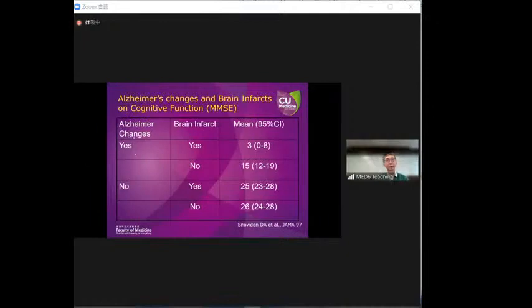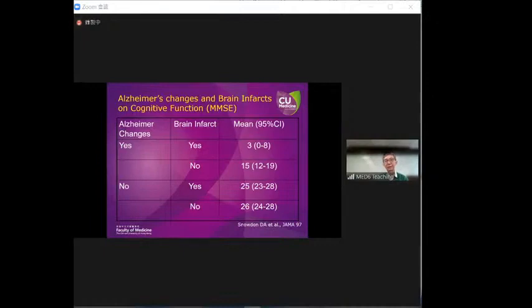if you have Alzheimer's changes in the brain, but no cerebrovascular disease, then your MMSE dropped from 30 to 15. So this is a typical result of Alzheimer's disease. But if you have Alzheimer's disease as well as brain infarct, that means cerebrovascular disease, then your MMSE dropped to 3.